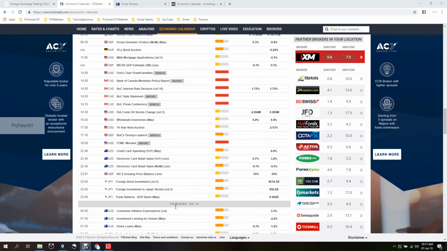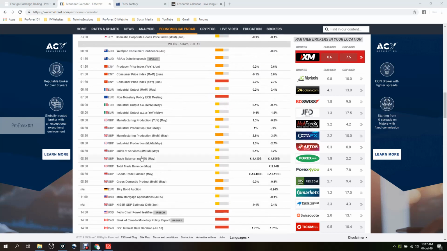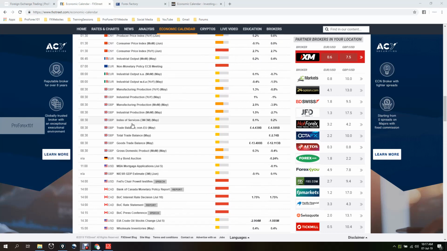Simple when you look at it in this perspective. You can ignore, like if you're just trading pound dollar, ignore everything except for pound and dollar economic indicators and just follow them through. And then depending on whether you are in the retrace or in the move, the fundamentals should match. Okay.